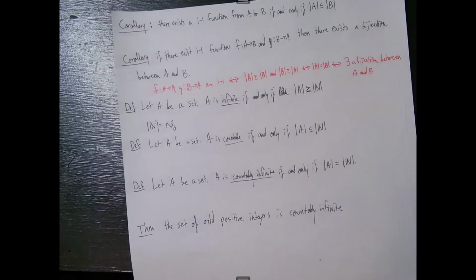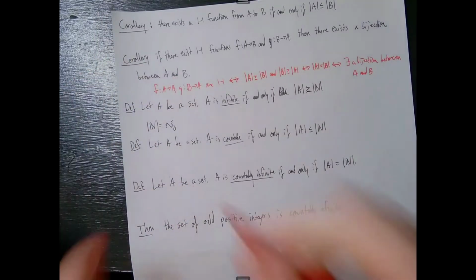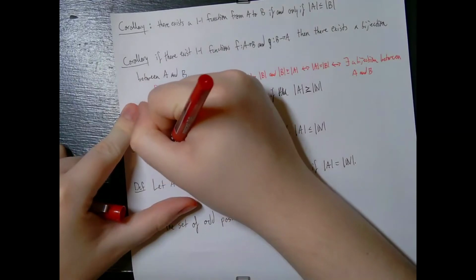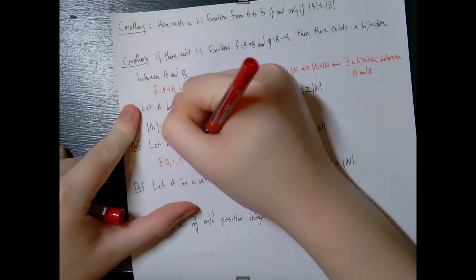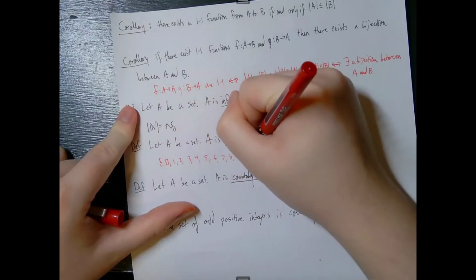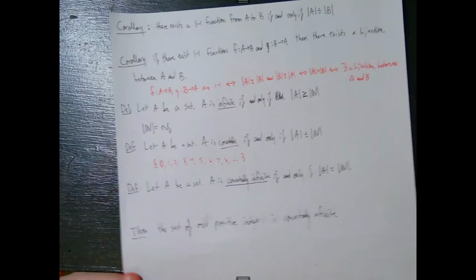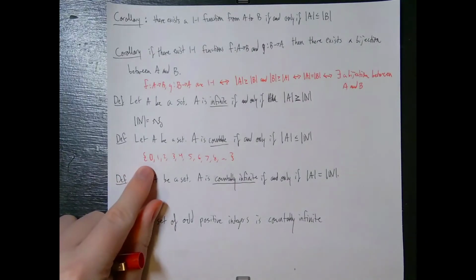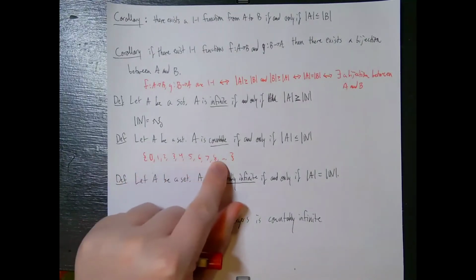So for example, if you look at the natural numbers being 0, 1, 2, 3, 4, 5, 6, 7, 8, and so on, what I could do is start at 0 and then count upwards forever.